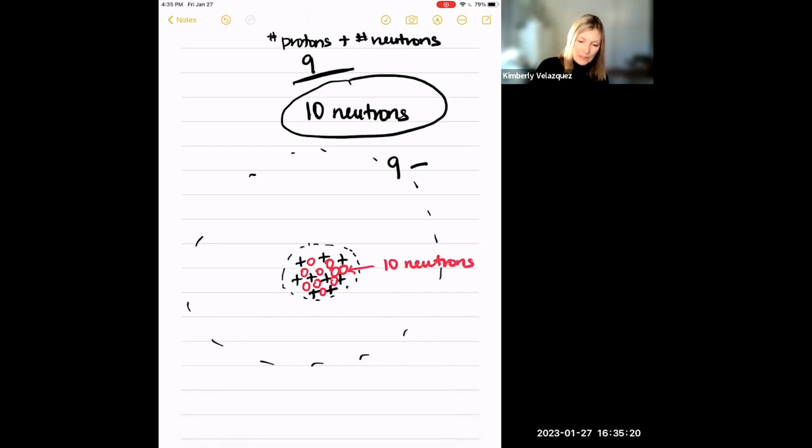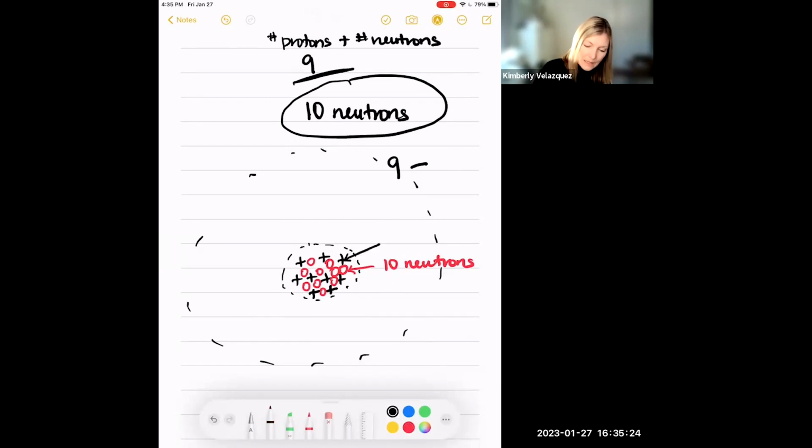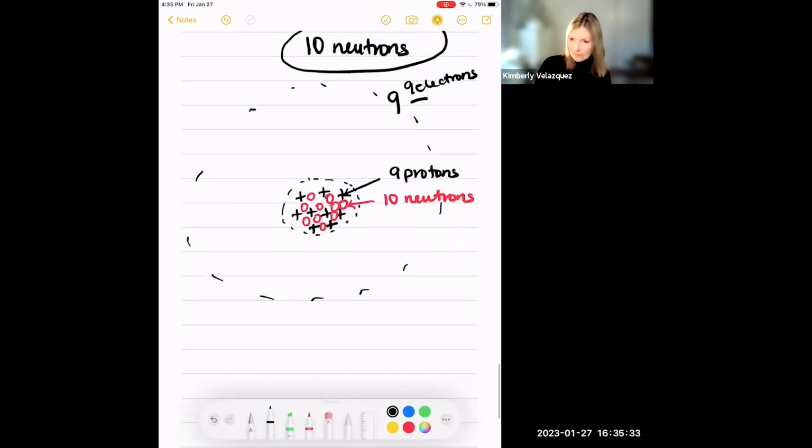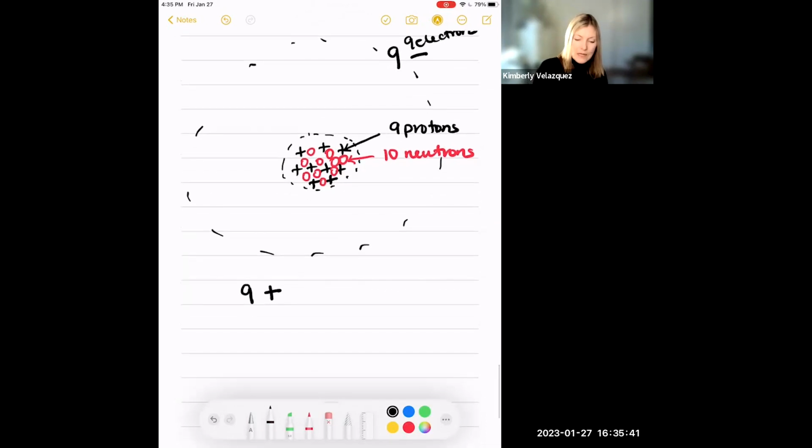Okay, so this would be our 9 protons, and this would be our 9 electrons. In other words, fluorine is made up of 9 positively charged subatomic particles, 9 negatively charged, and 10 with no charge.